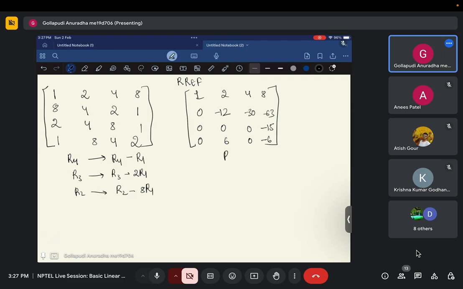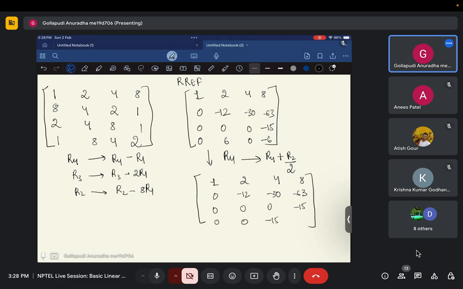Further, on doing this, we are going to get, so I interchange these 2 rows.